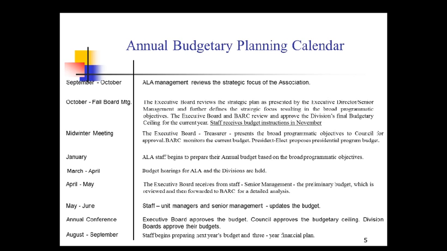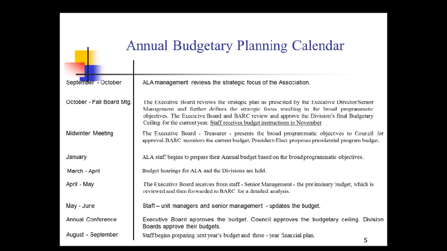This process culminates in the fall executive board meeting, where the executive board and BARC receive, review, and approve final budgetary ceilings for the current year. By November, ALA staff receives their budgetary directives.